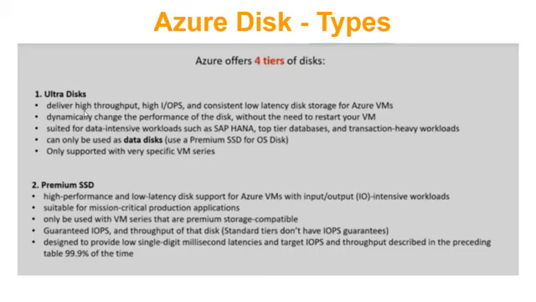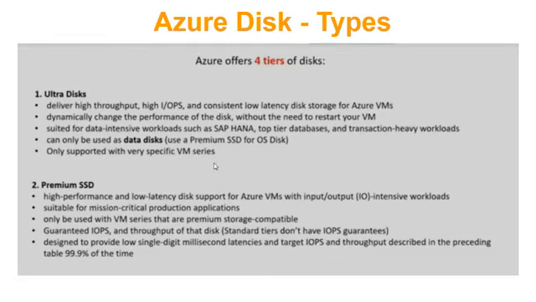It is suited for data intensive workloads such as SAP HANA, top tier databases, and transaction heavy workloads. And you can use this Ultra Disk only for data disk, and you can use premium SSD for OS disk. So whenever you use premium SSD for OS disk, in that case you can use this Ultra Disk for data disk, and it is supported with very specific VM series.